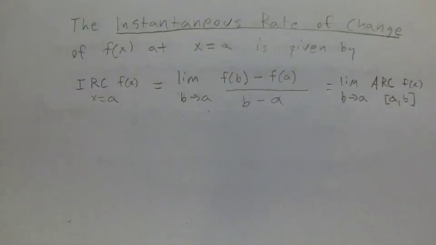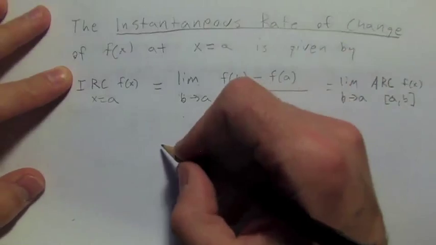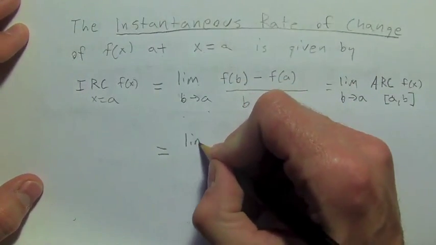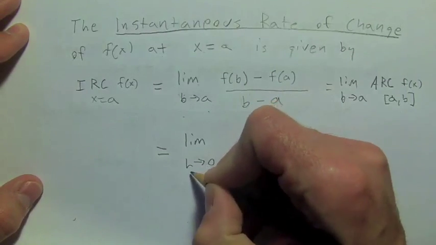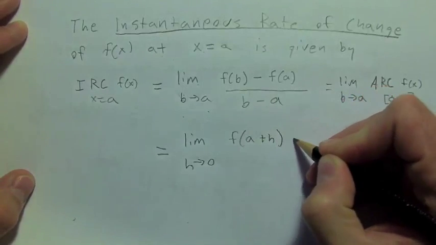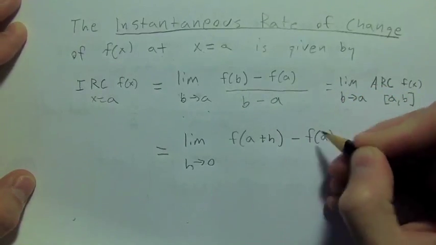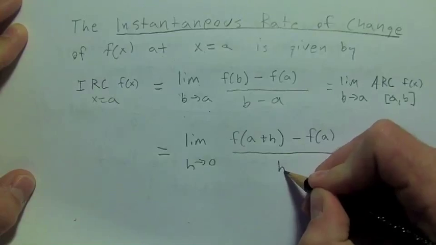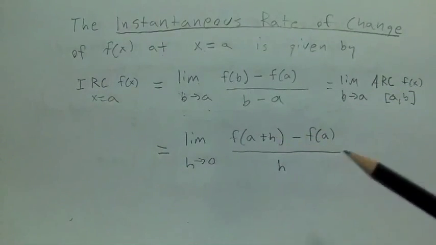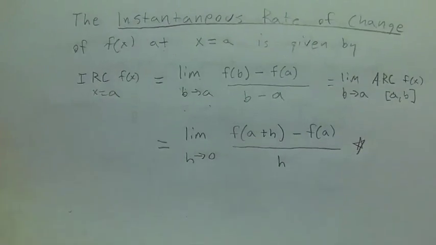We actually have a better one. The one you'll see usually is the limit as h goes to 0 of f of a plus h minus f of a all over h. And this is the one that is actually used most.